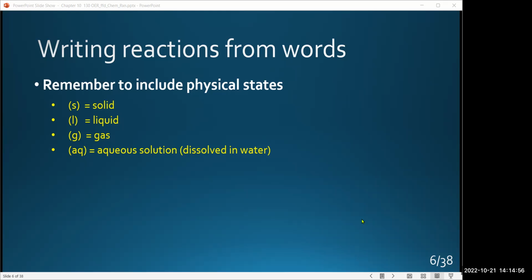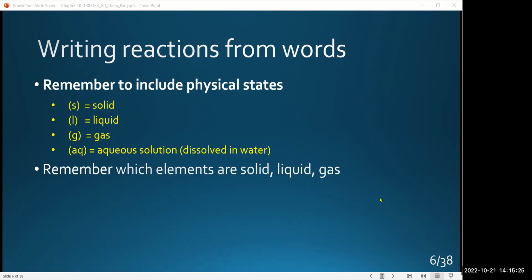So in the elemental form, remember that. Also, if it's an aqueous solution, based on the solubility rules, that material could be a solid. So solid applies if it's an element that's a solid, or an ionic compound that, based on the solubility rules, is insoluble. And if it's an ionic compound that is soluble, then we use the AQ.